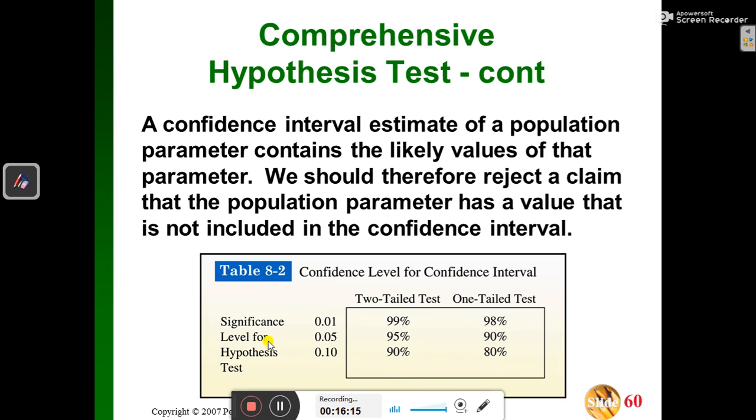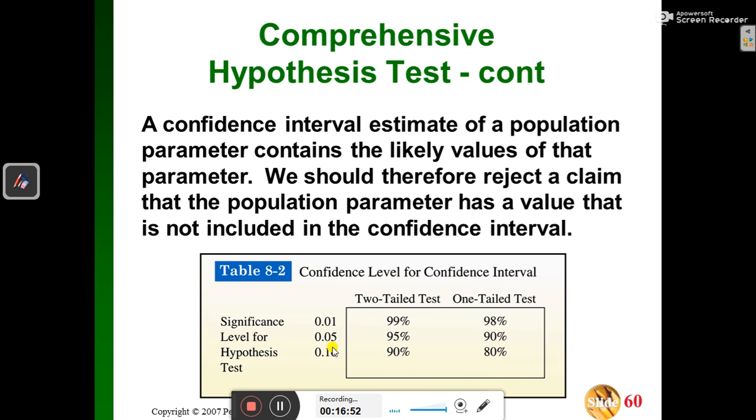If the significance level is 0.01, then in a two-tail test the confidence level is 99%, and for a one-tail test it is 98%. If the significance level is 0.05, then for a two-tail test the confidence level is 95%, but for a one-tail test it is 90%, because of twice the region. In the same way, for 0.10, a two-tail test has a 90% confidence level and a one-tail test 80%.